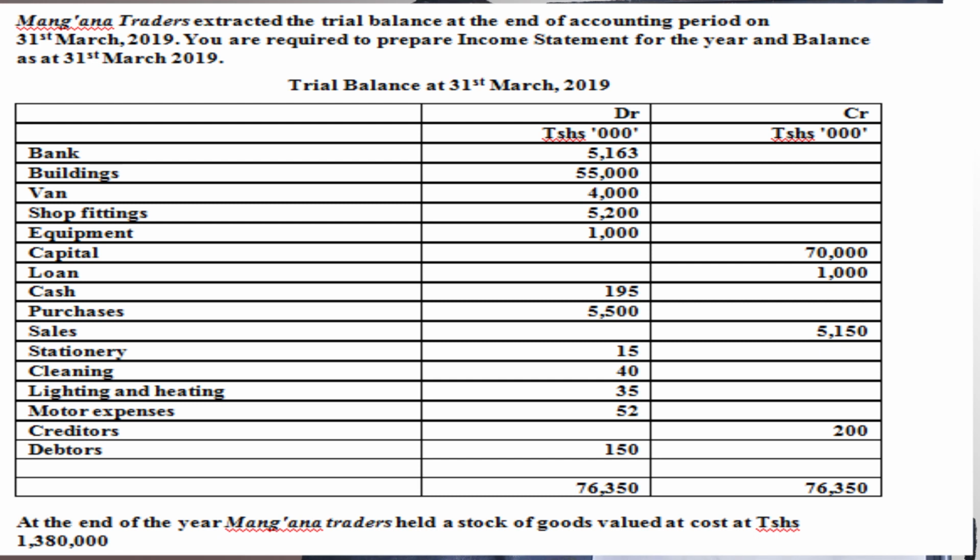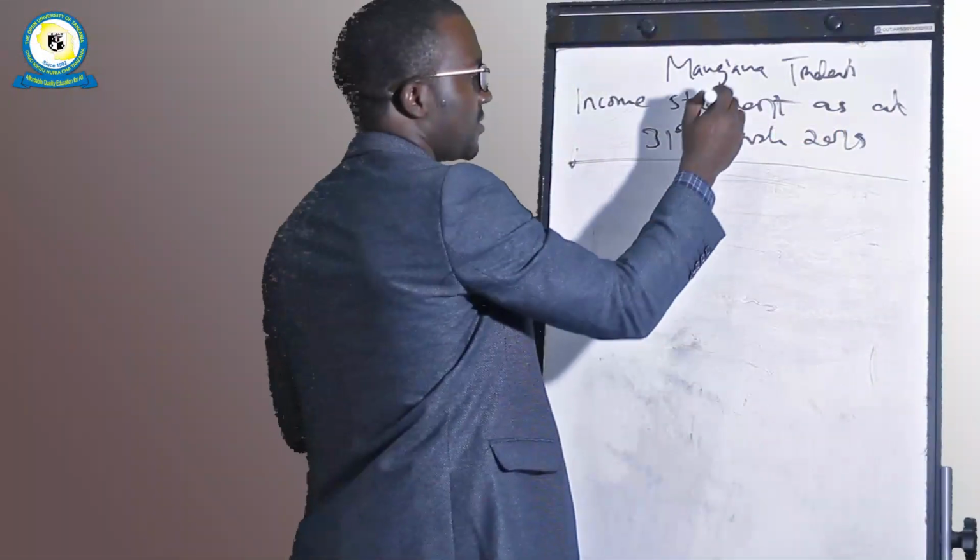So here you're going to write Mang'ana Trader, and the nature of the statement, the type of accounting or financial statement. This is the income statement or statement of financial position. Then you can say the income statement is at 31st March 2019. Then you underline there.